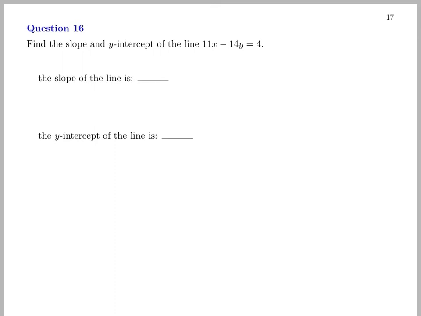To find the slope and the y-intercept, I just have to write the equation in the form y equals mx plus b. So that means I have to solve for y. So I get 14y is 11x minus 4. y is 11 over 14 x minus 4 over 14, which we could reduce to 2 over 7.